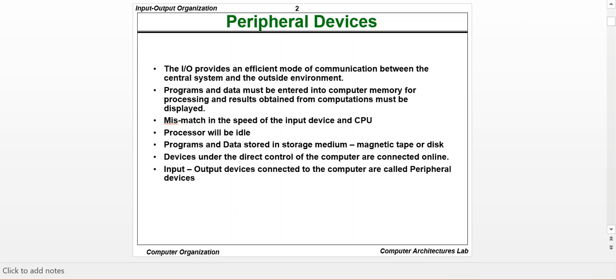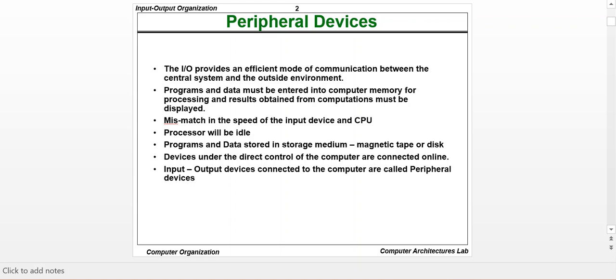Likewise, if a company is doing a project for its client, then the client will be charged for the number of hours that the system is being used. So processor time is very important, and it cannot be wasted.